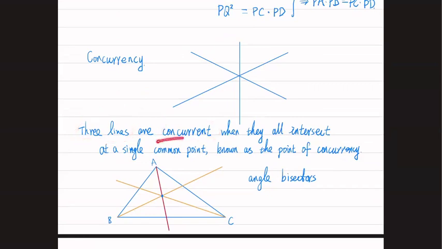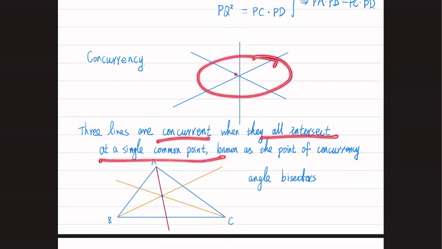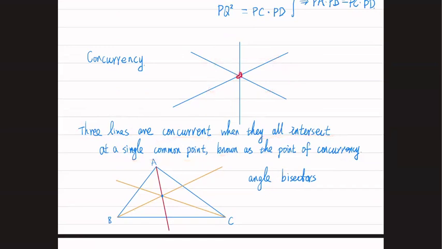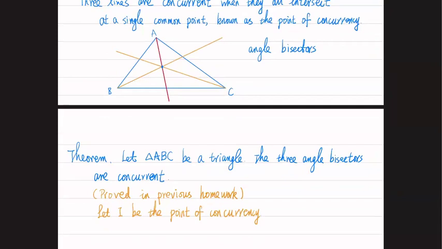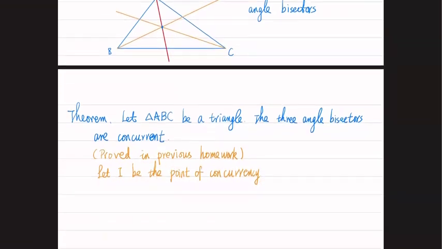We call them concurrent if they intersect at the same point, not at three different points. This common point, we call it the point of concurrence. Then we record the theorem we proved in our homework that the three angle bisectors intersect at a common point. So we say that they are concurrent. This point of concurrency, we will call the in-center.